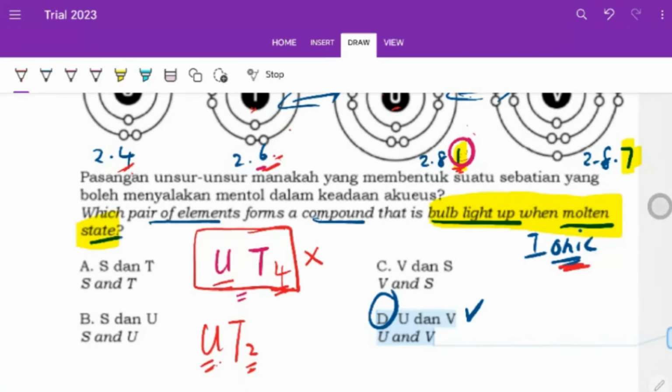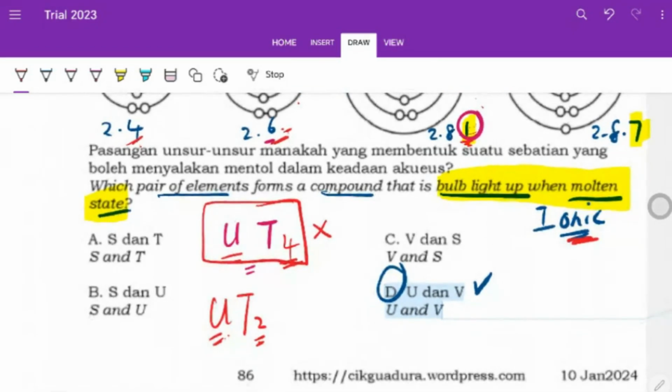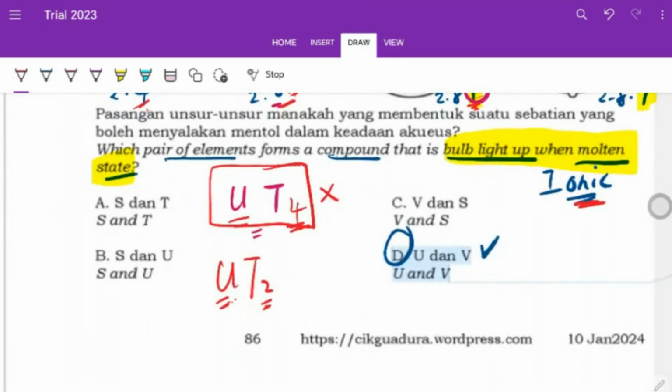Even worse, T2 means you need another 4. TU2. The TU2 concept is correct already.